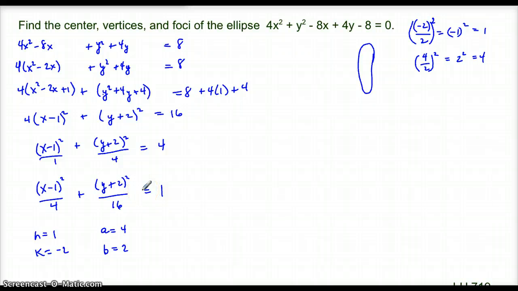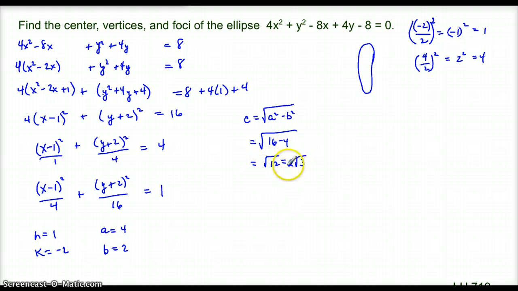And to get the c value, I could use my formula. C equals the square root of a squared minus b squared, which in this case is going to be the square root of 16 minus 4, which is the square root of 12, or 2 times the square root of 3 if you want to simplify that.